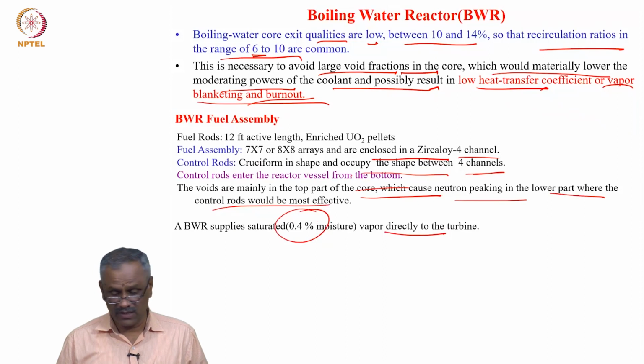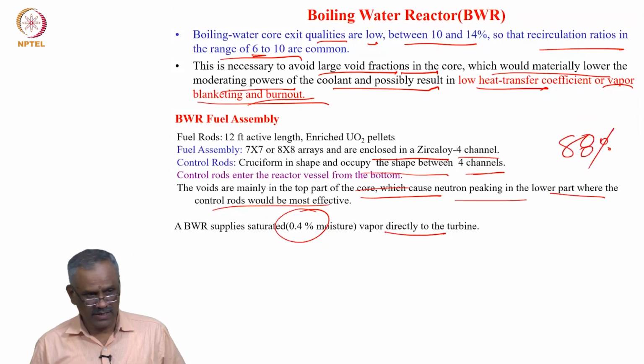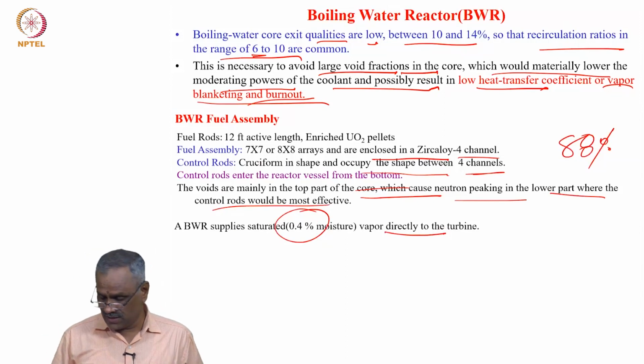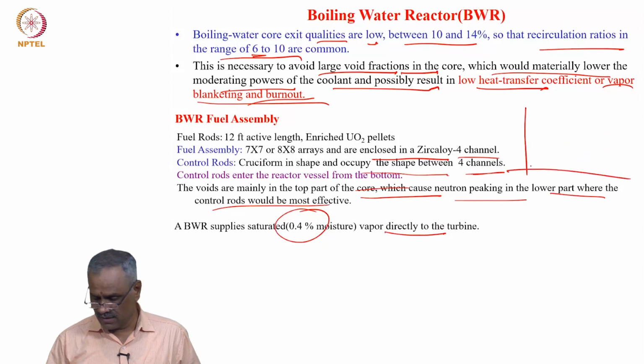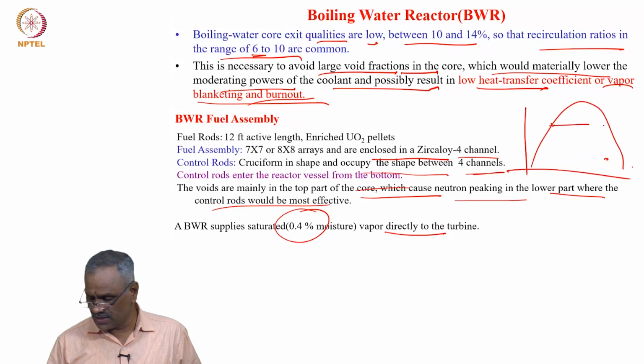Generally we know that we go for 88% for the turbine at maximum. But what happens is, at the end, at the exit, if you look at the cycle, we have to have 88%, but here this is a saturated turbine.